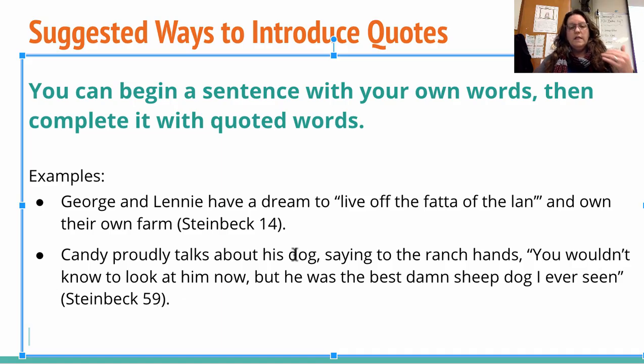This one, again, I'm quoting dialogue, so I'm introducing who's talking, who are they talking to, and I could follow this up with some sentences explaining the symbolism of Candy's dog, or I could talk about ageism, how they judge people based on their age. Like Candy is judged, the guys may have forgotten the contributions he's made to the ranch because he's old now, and that he's fearful of getting fired or shot like his dog.